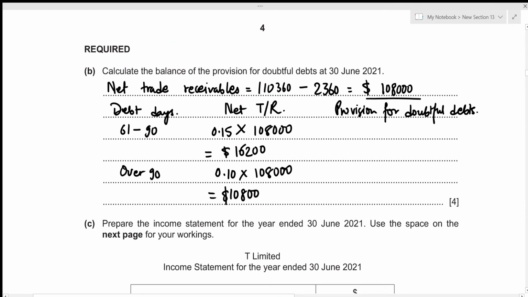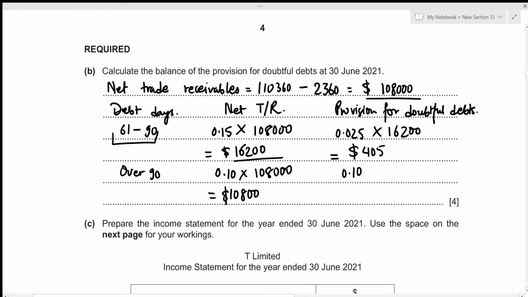For 2.5%, we can write it down as 0.025, and for 10%, we can write it down as 0.10. Now we multiply the respective net trade receivables. The net trade receivables for the time frame of 61 to 90 days is 16,200. So we multiply it with that. Now this gives 2.5% of 16,200, which is 405.